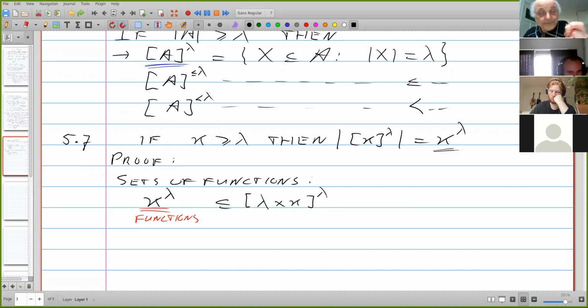Every function from lambda to kappa is a set of ordered pairs. The first coordinate is an element of lambda, the second coordinate is an element of kappa. But that function has to have a pair for every individual element of lambda and exactly one. So every function has cardinality lambda in this particular case.